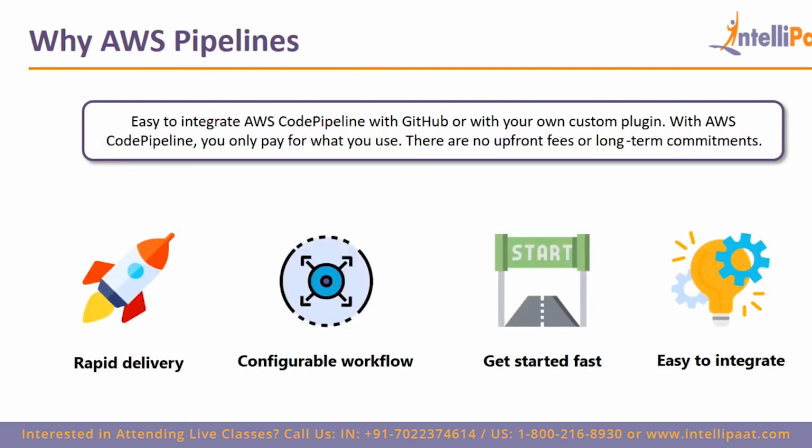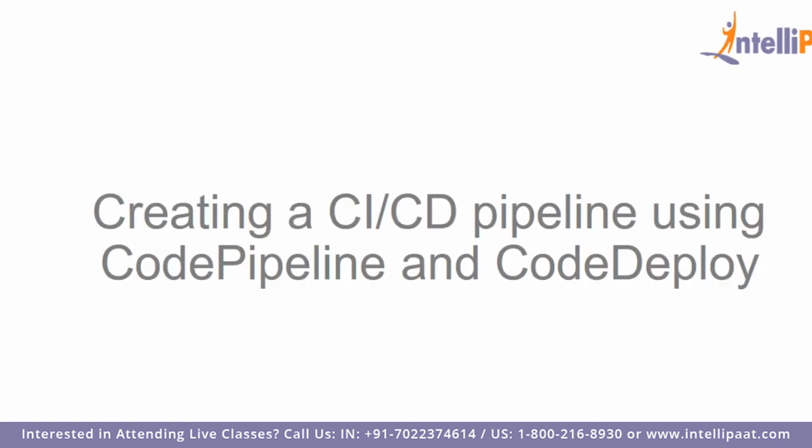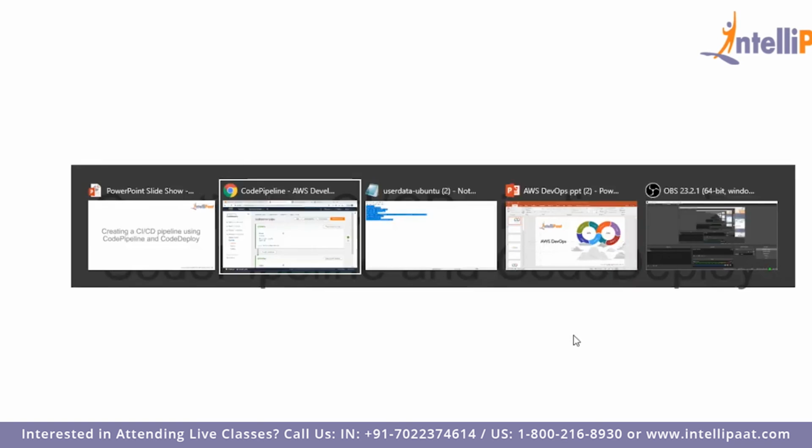So right now you can see over here, I also explained rapid delivery. You can configure your workflows. It is very easy to start, and you can integrate it with many version control tools or other tools like Jenkins, and also connect it with Elastic Beanstalk or EC2 or S3. So you can connect it with other AWS services also. And then finally, we learned how to create a CI/CD pipeline.